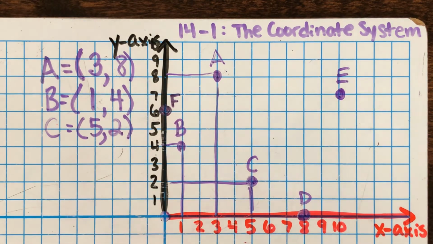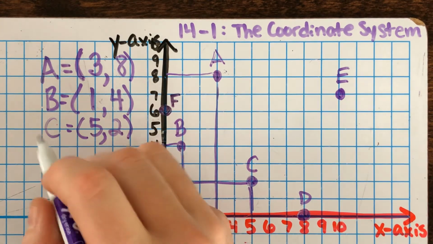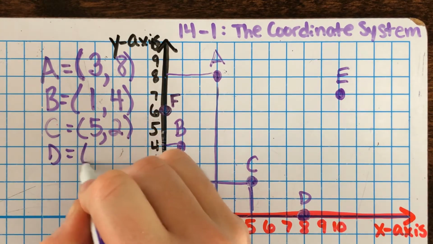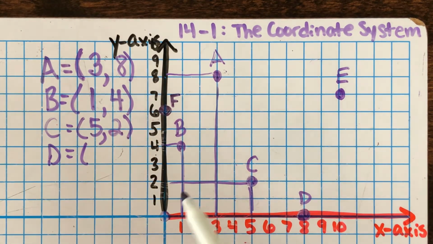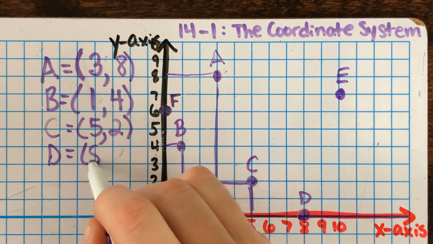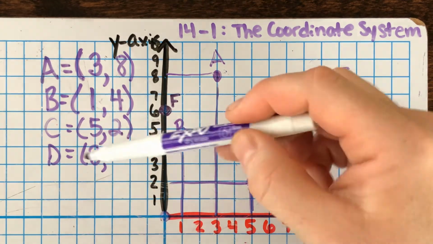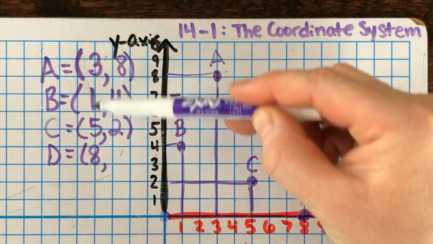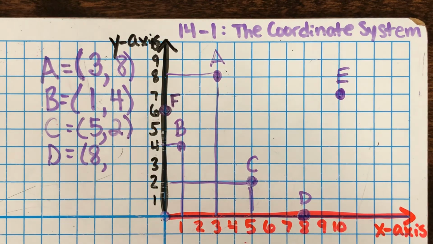Let's look at D. D is a little interesting, okay? So if we have our ordered pair set up for D, we start at the origin, and we go over how many on the x-axis? We go over 8. So our x-coordinate is 8. Remember, x is always first in all of these problems, okay? Now we have to figure out what our y-coordinate is.